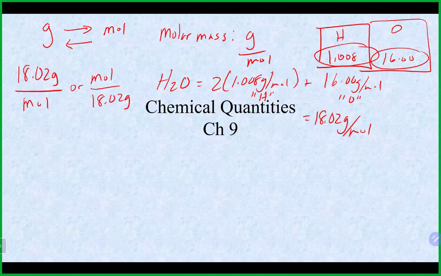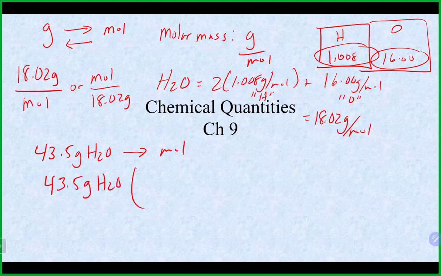And again, if we had something like 43.5 grams of water and we want to know how many moles of it, we would just set it up the dimensional analysis way here using our conversion factor from the periodic table. Again, 18.02 grams per mole of water.